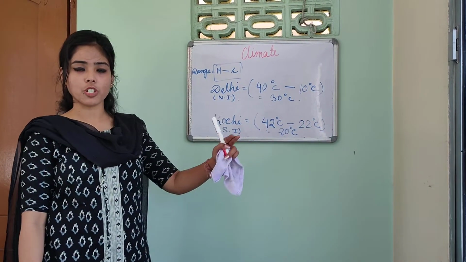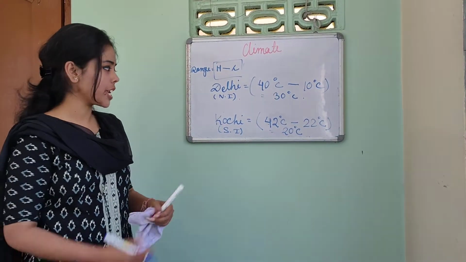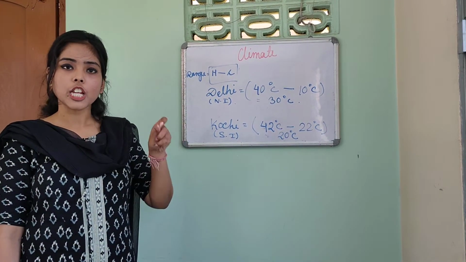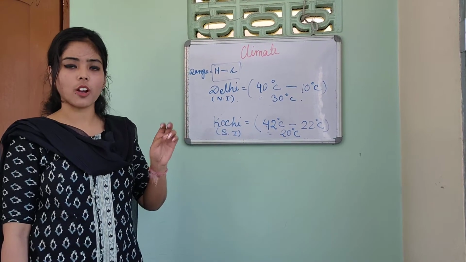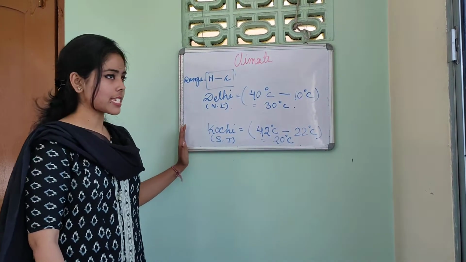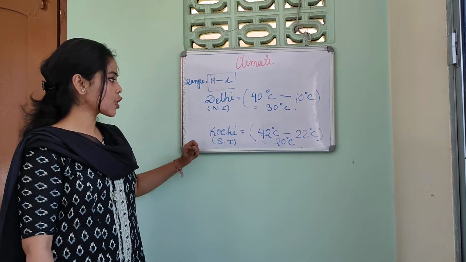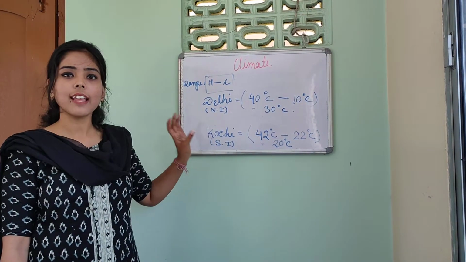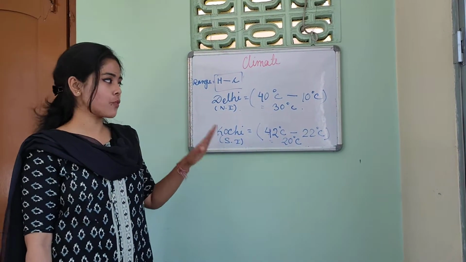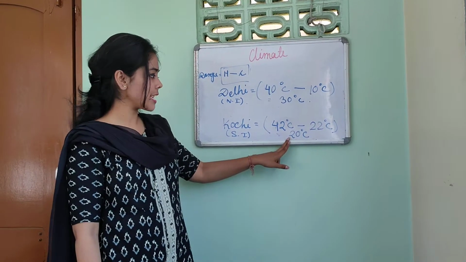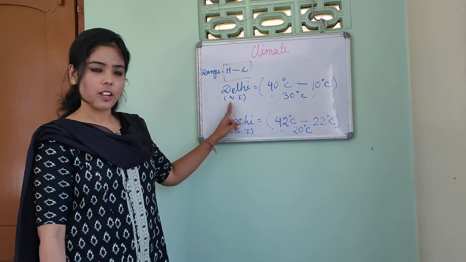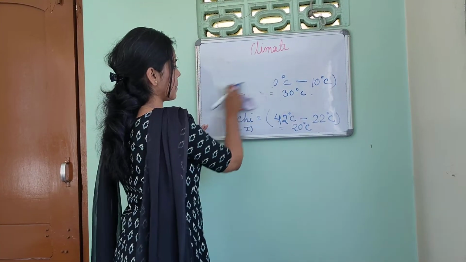Because the southern part of our country has a maritime type of climate due to the effect of the coastal body, that is, the oceans: the Bay of Bengal on the eastern side and the Arabian Sea on the western side. Due to the effect of these oceans, this region does not experience too much heat in summer and too much cold in winter. That's why the range of temperature is low in South India and high in North India. Understood?